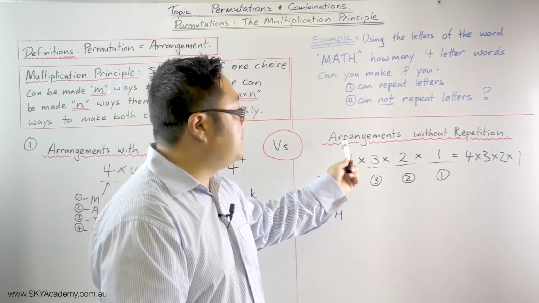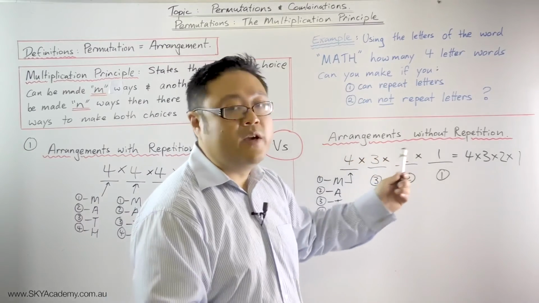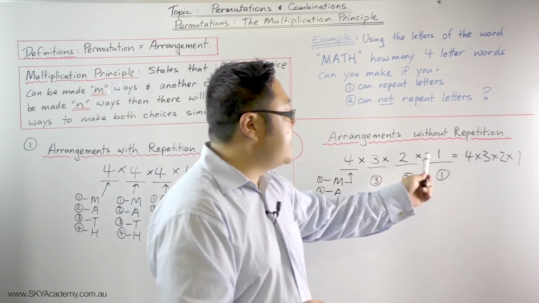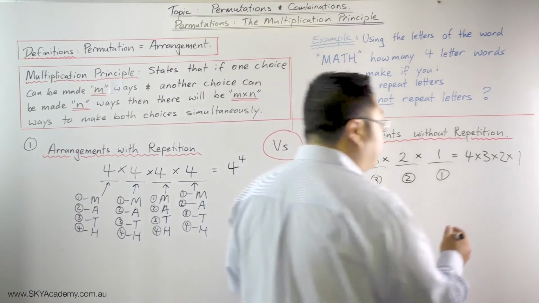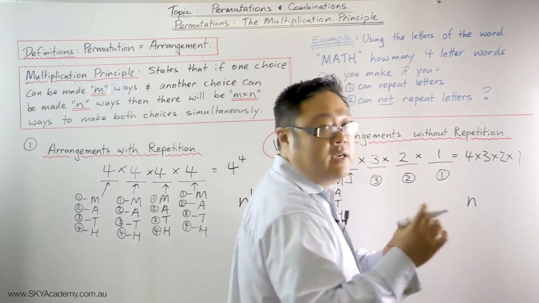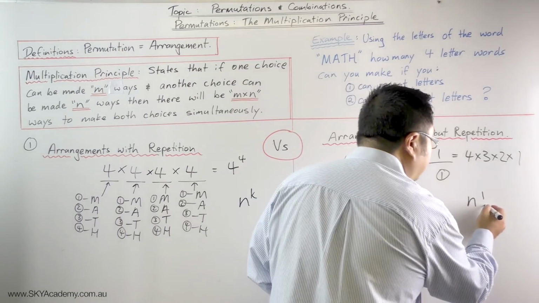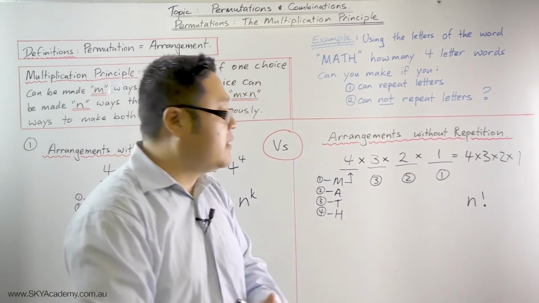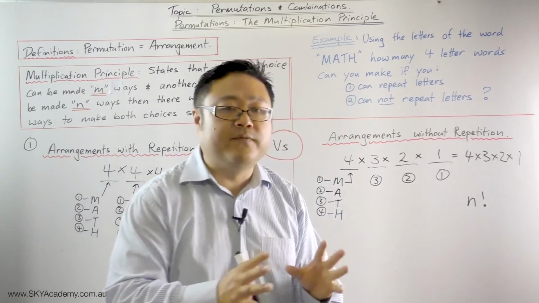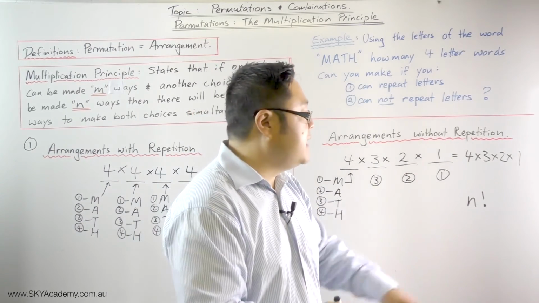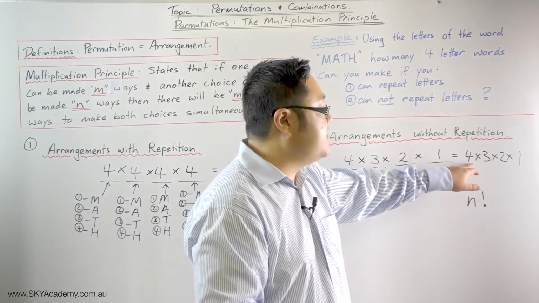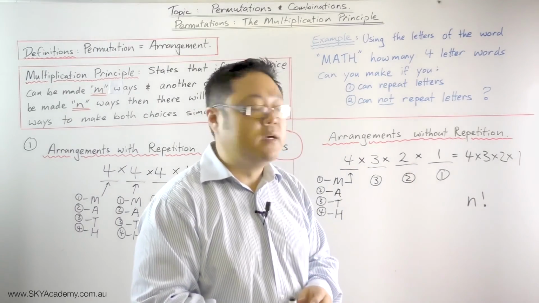Whereas if you need to calculate the number of arrangements without repetition, it's going to be n, and here's something new for you, with a little exclamation mark. And that little exclamation mark stands for the word factorial. Factorial. And what factorial means is basically you're multiplying by every single number before it, okay?